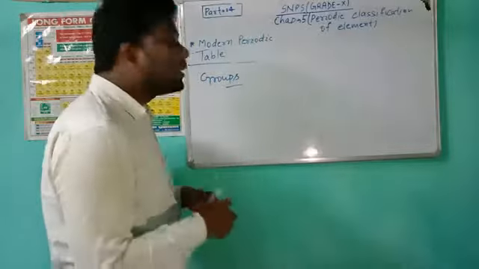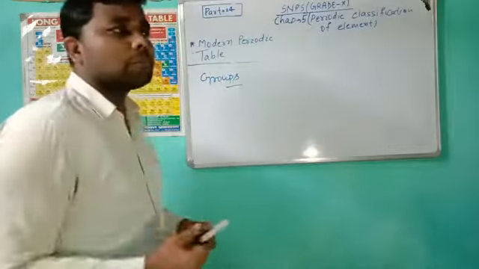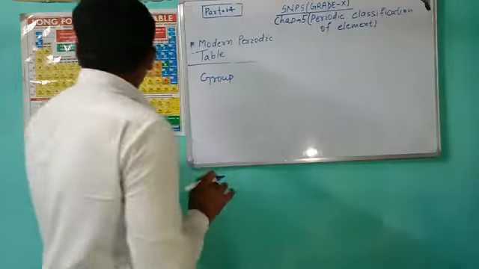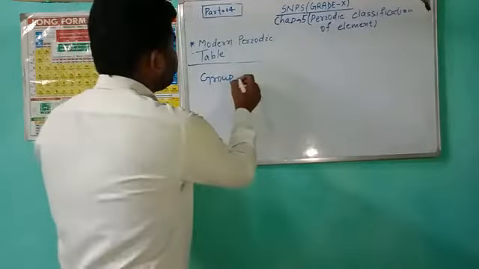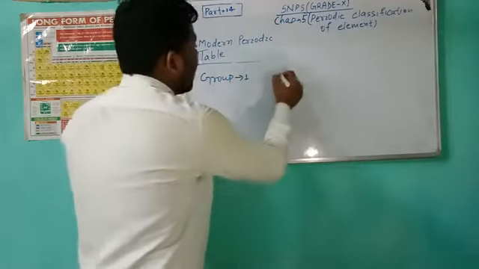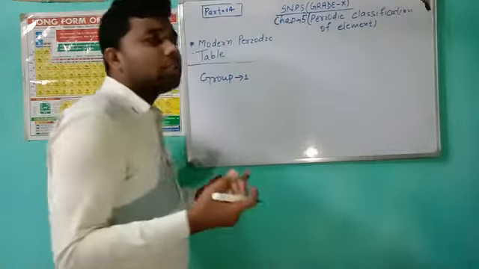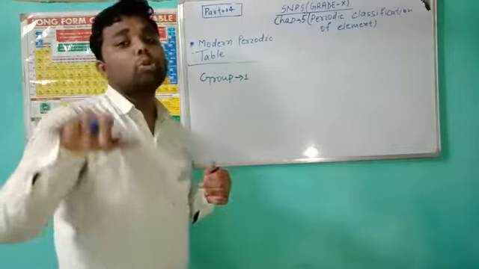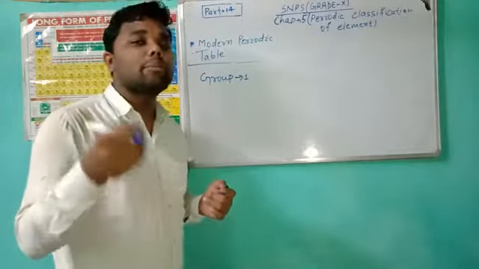And what is the significance of groups? Here I am taking some examples. We can take group 1, in which hydrogen is placed, but hydrogen is sometimes not considered in group 1; it is placed there just because it has atomic number 1.